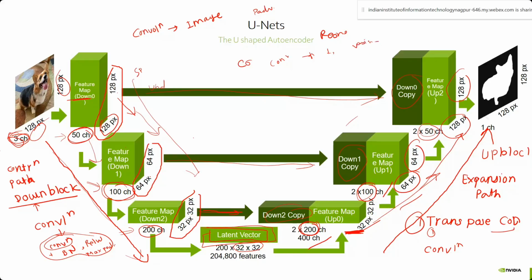To avoid that, we create the residual connection. So whatever data comes from the down block, the contracting path, you give as a copy to the upper block, and again you take some data from the current path. This is called a residual connection of your UNet architecture.